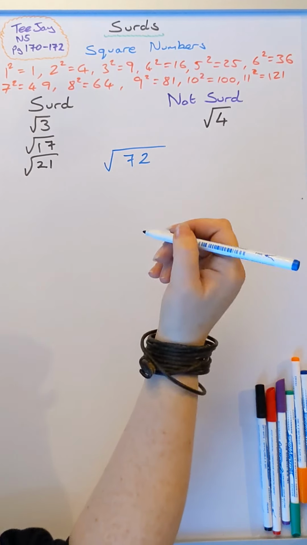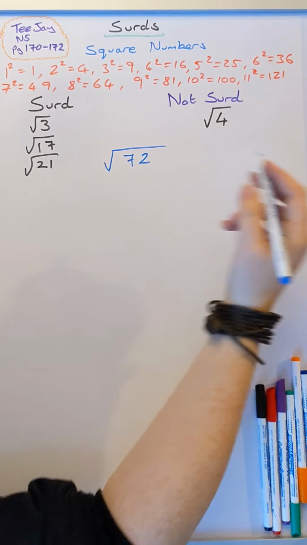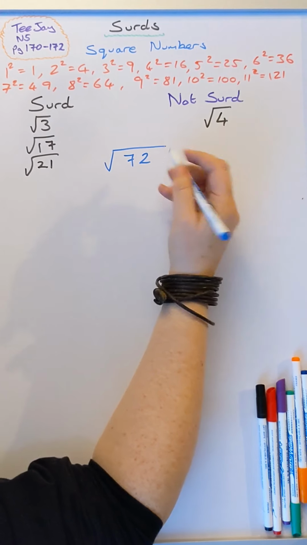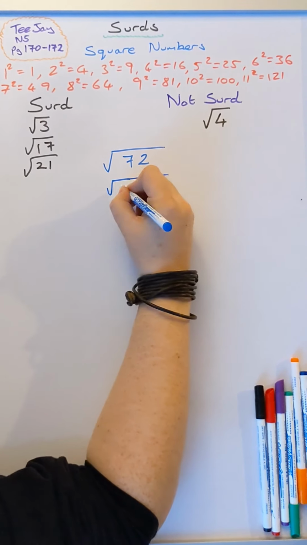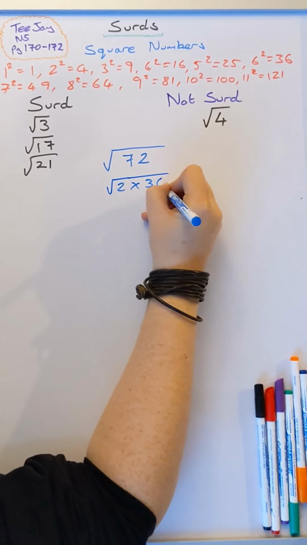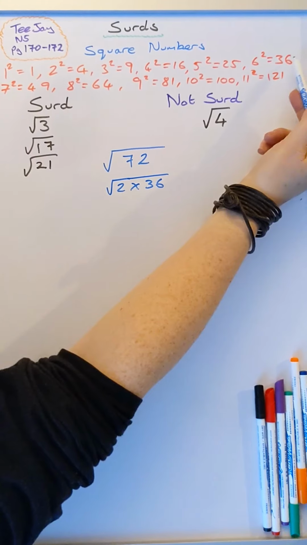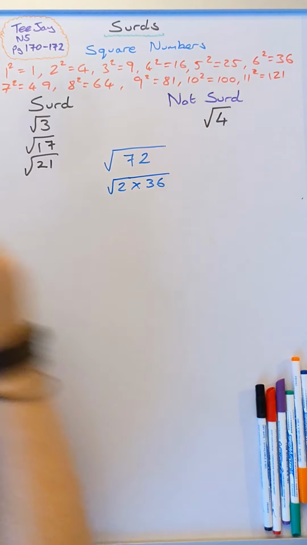So, if I have root 72, I need to break it down into its factors. 72 is 2 times 36. Now I know that 36 is 6 squared, but as I say, I'm using this as an example.